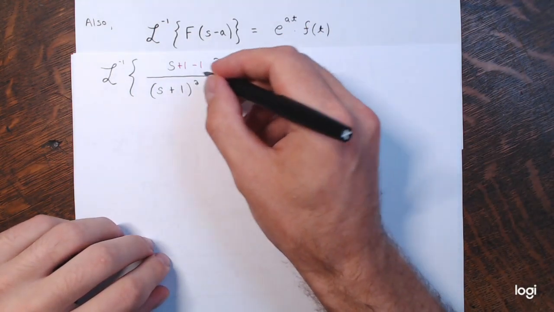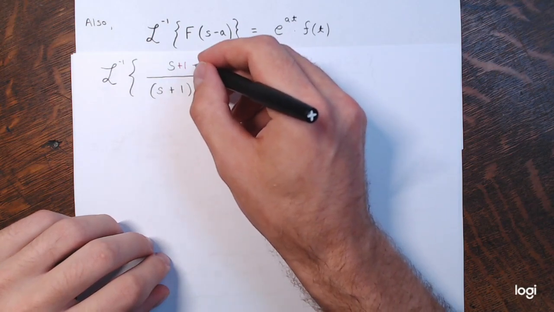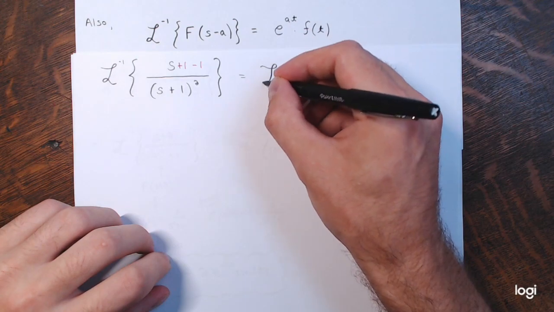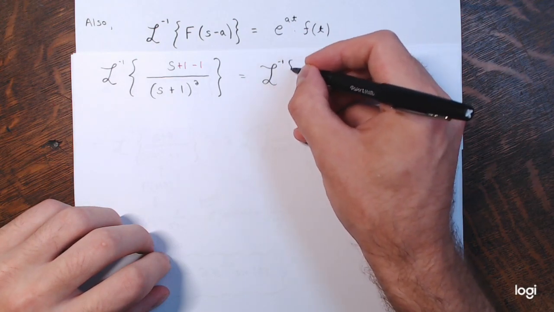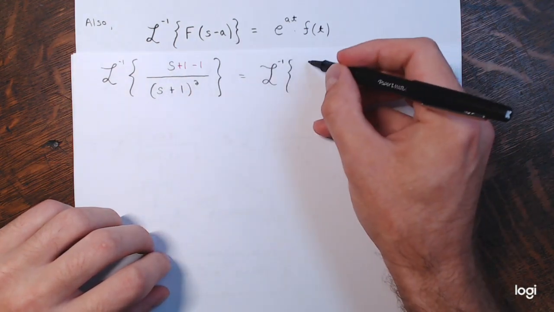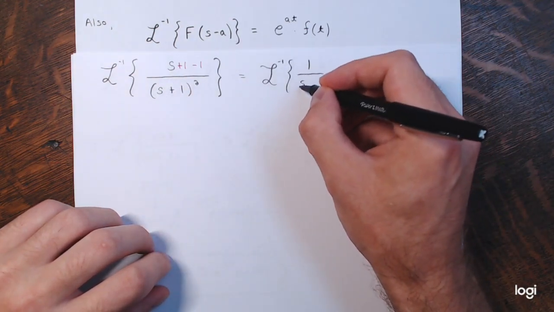And then separating these, s plus 1 over s plus 1 squared minus 1 over s plus 1 squared, we get the following. We get the inverse Laplace transform of s plus 1 over s plus 1 squared, which simplifies to 1 over s plus 1.